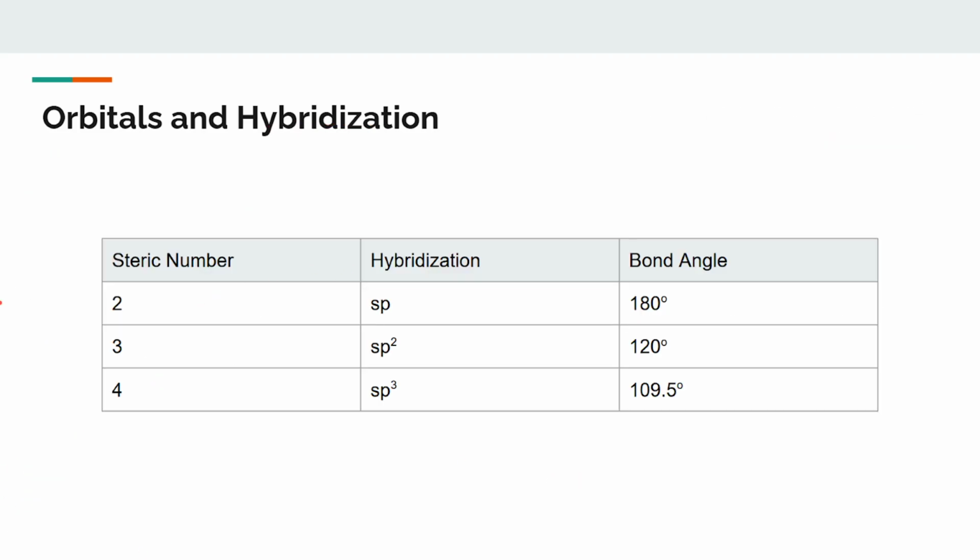And on this next page, I have a more in-depth one. So if we have 4 things attached, it's going to be SP3. 3 things attached, SP2. 2 things attached, SP. As I remember this, I have 2 letters total, S and P. I have 3 letters total, S, P, and P. And then just like math, you combine them into each other, and then you get P to the second.